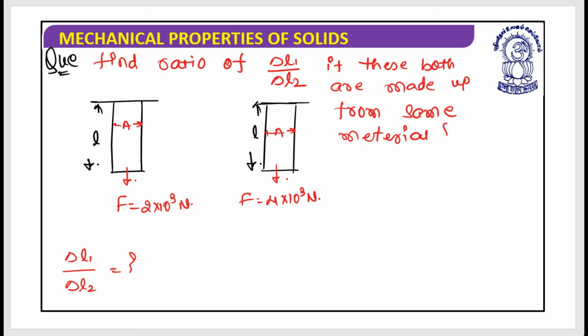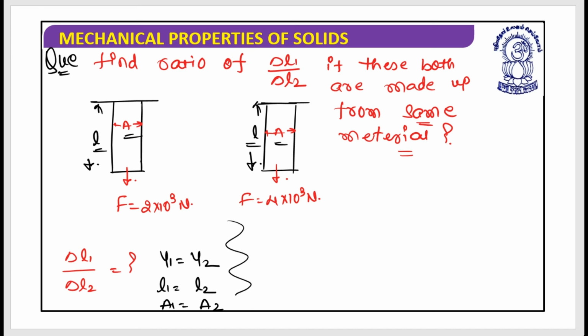If they are made up from the same material, you need to find delta L1 is to delta L2. When it is declared that they are made up from the same material, one thing is for sure: their Young's modulus are equal. From the diagram I can see that their lengths are equal and their cross sectional areas are equal.